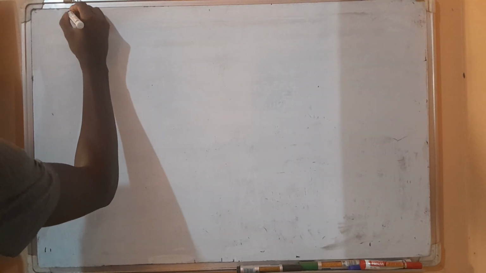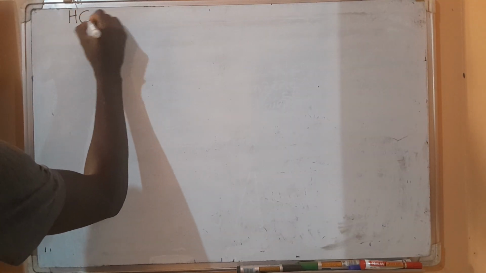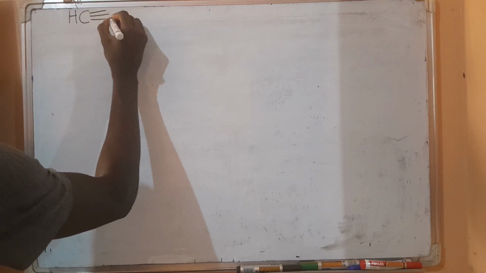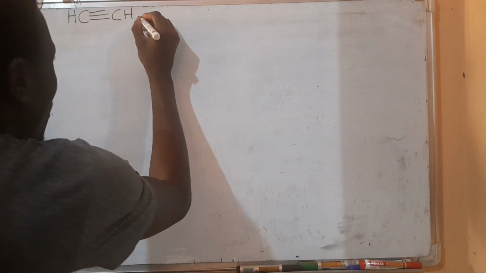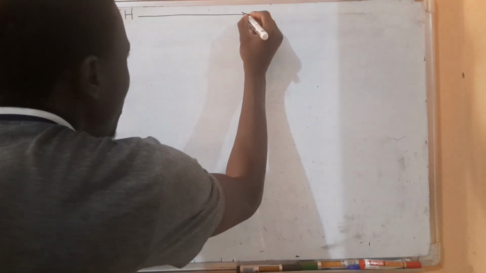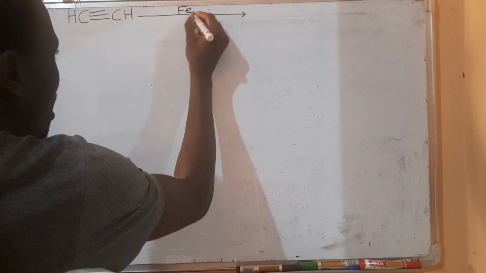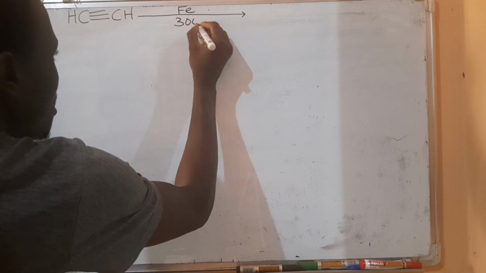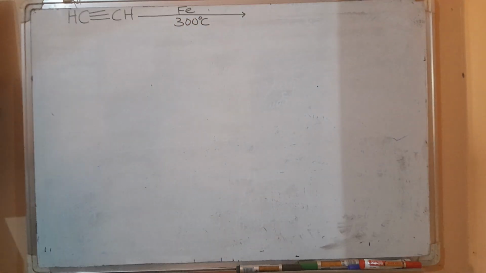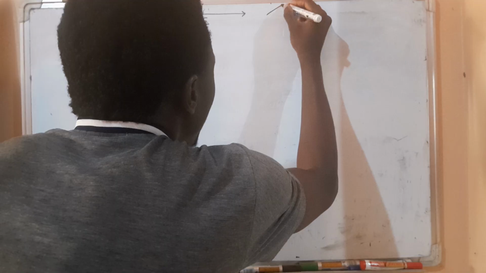The two ways are summarized in these two reactions. So we have ethane. Ethane is an alkyne, the simplest alkyne of that form. Reacting with iron catalyst, 300 degrees Celsius, we obtain benzene.